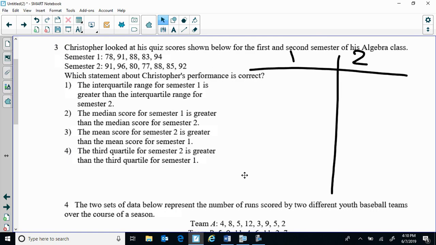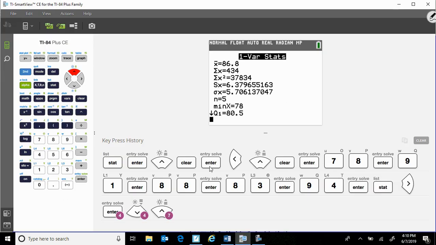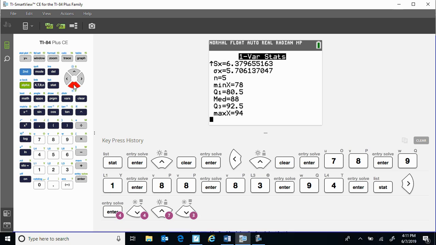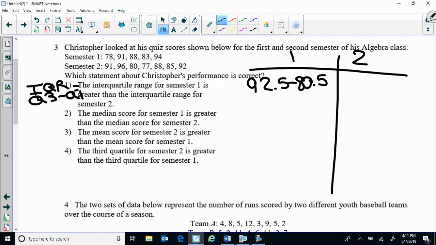Now, if you look at our question, we're talking about interquartile range. If you remember, your interquartile range, or IQR, is Q3 minus Q1. So we'll look at our Q3 and Q1. And that would be 92.5 minus 80.5. Which, if you did that in your calculator, would give you 12.